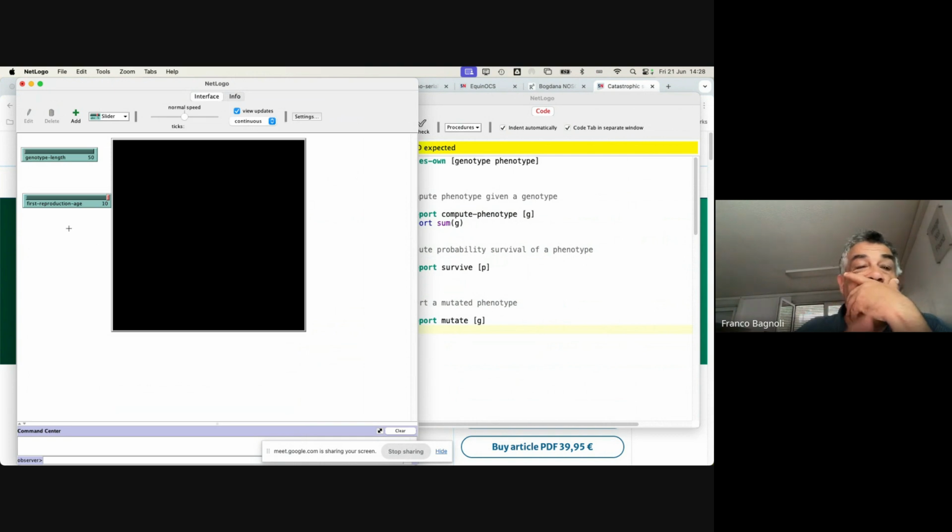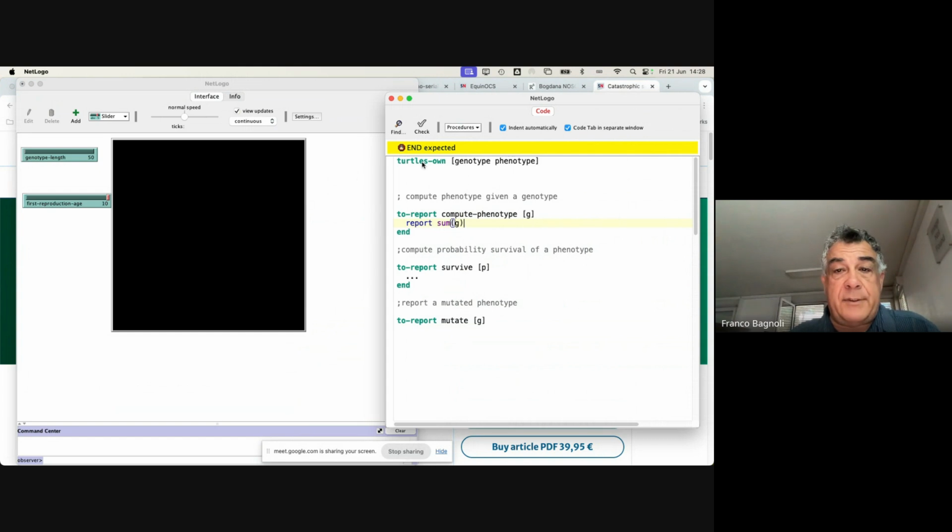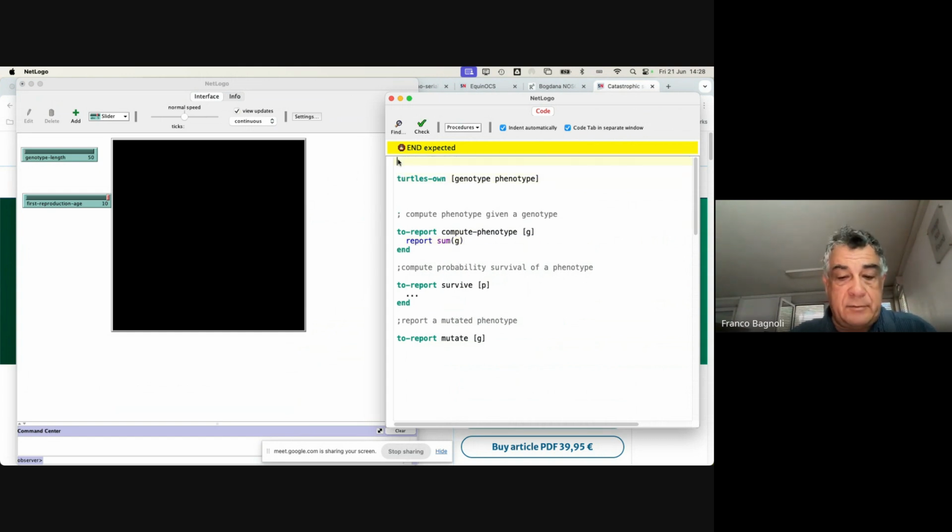Okay, so the idea is the following. Each salmon, for the moment, let also breed salmons, so we can use a more interesting way of addressing turtles.